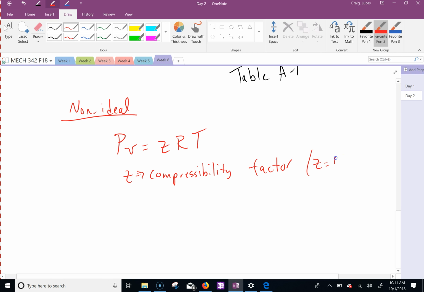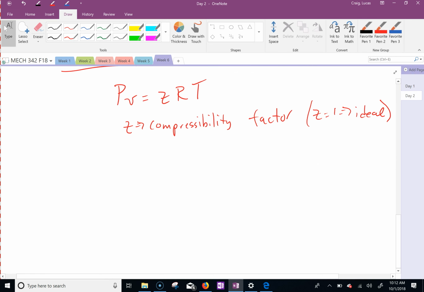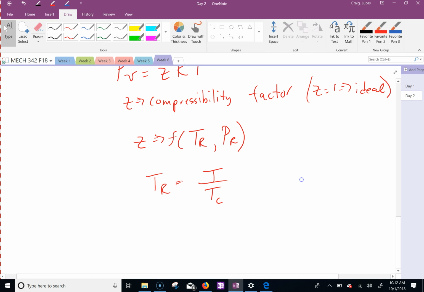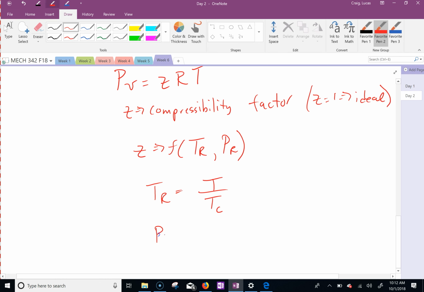So if z equals 1, that means it's ideal. And this z is a function of two other variables, TR and PR. TR is your temperature over TC, and PR is your pressure over PC.